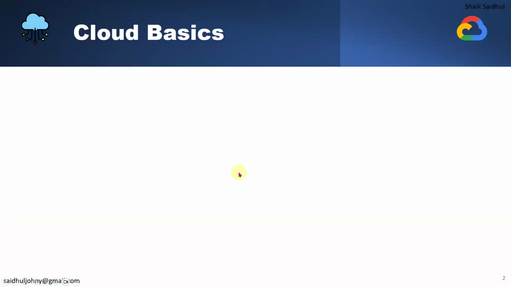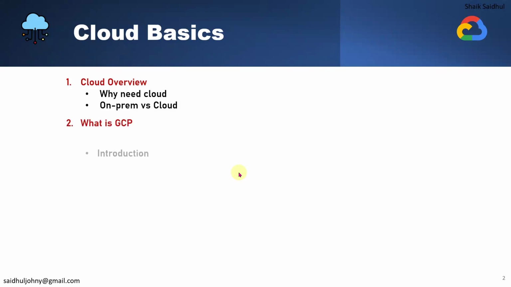Now, let me talk about what we are going to see. We are going to start with the cloud basics. The very first topic is the cloud overview. We are going to understand why we need the cloud platform and what the difference is between the on-premises and cloud platform. We will also see the Google Cloud Platform introduction and its basics.